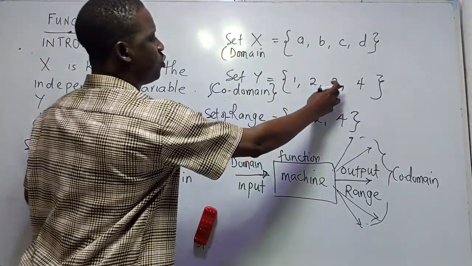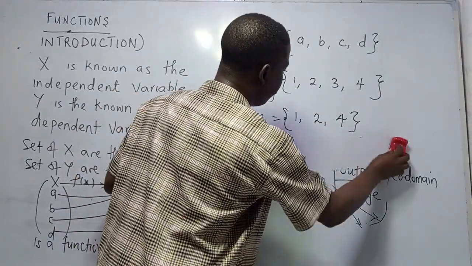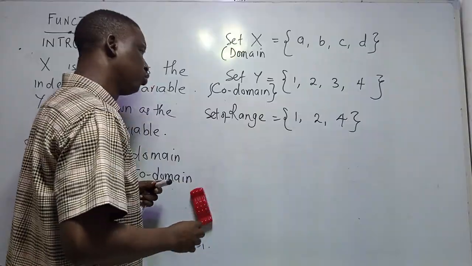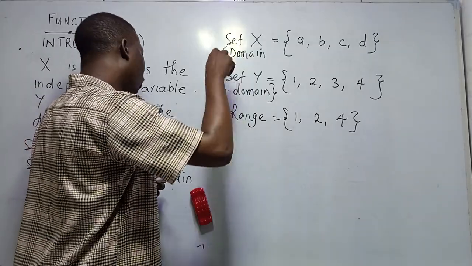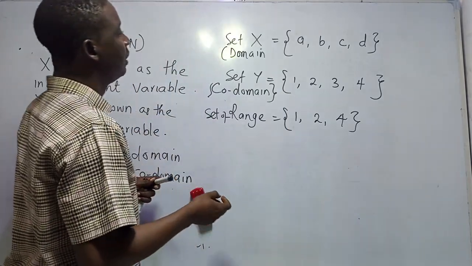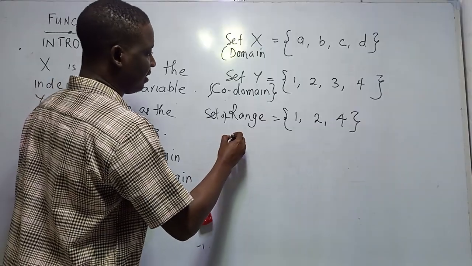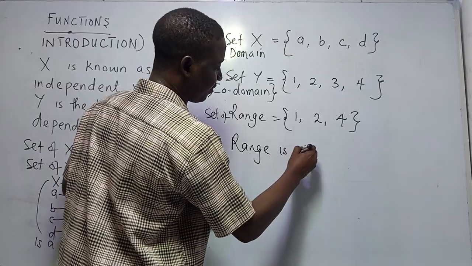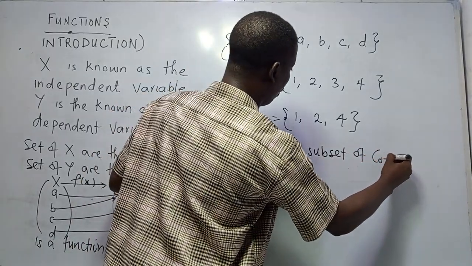So why is 3 not part of the set of range but belongs to the set of codomain? Because 3 is a possible output. All of them are possible outputs of the domain, but the actual output of the domain is the range. So can we say that a range is a subset of the codomain?